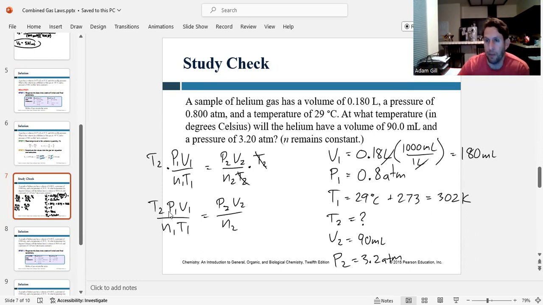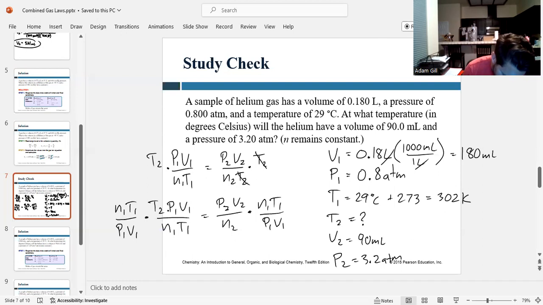So I'm going to multiply by the reciprocal of everything else, N1 T1 over P1 V1. Do it to both sides, and that will cancel on the left.